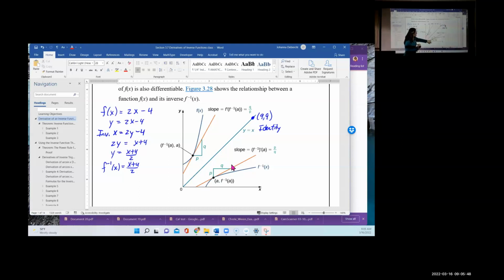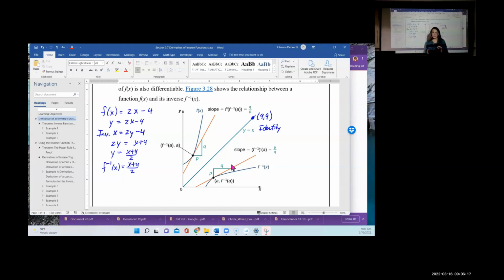So these two graphs make a mirror image of each other. If we fold the graph along the identity function, if we make this the crease of the paper, then these two parts fold together and touch. All right. So the next thing that we're talking about is looking at the slopes of these two lines, because remember, the slope of the tangent line is in fact the derivative.